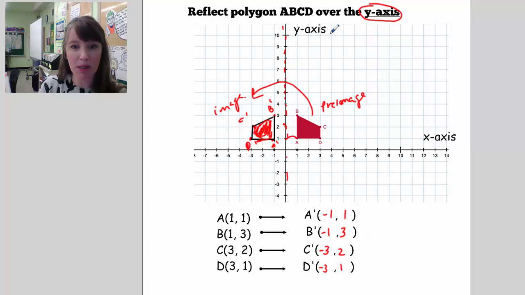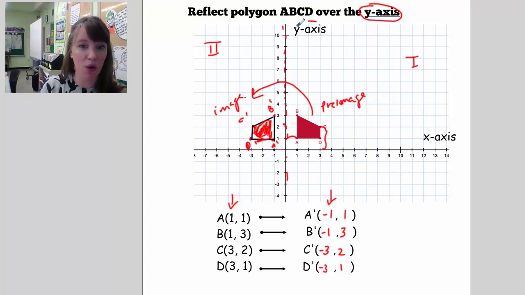So what ends up happening when you reflect across the y-axis, and this happened because the pre-image was in quadrant 1, so the image ended up in quadrant 2. The pattern is to look at the x coordinate here. The y coordinates all remain the same. That's because the distance that the point is above the x-axis remains the same even after you reflect it, because you're reflecting it over the y.